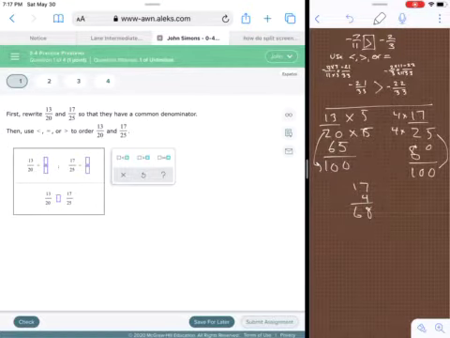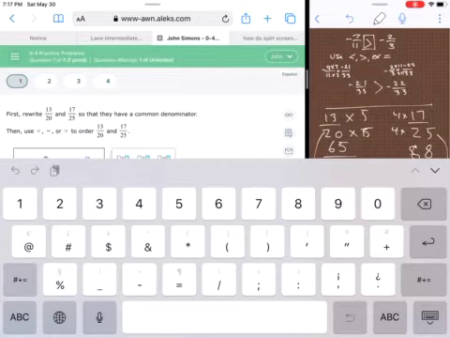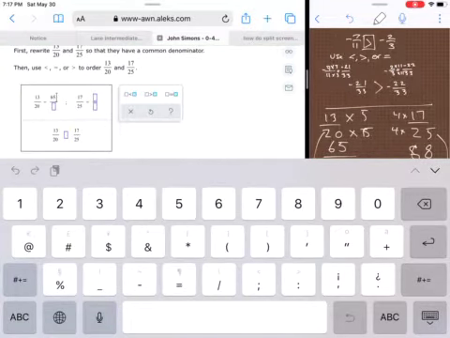All right? So let's write those numbers in. So 13/20ths is 65/100ths. 17/25ths we said was 68/100ths.